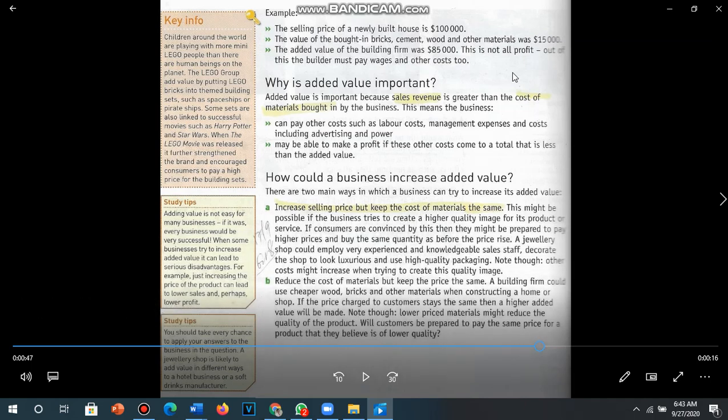What is meant by this? First, the business can pay other costs like labor costs, management expenses, and costs including advertising and power. And the business may be able to make a profit if these costs come to a total that is less than the added value. Okay, so the example I gave her is the cupcake, right?